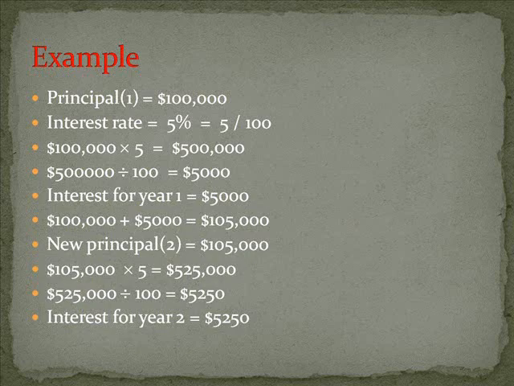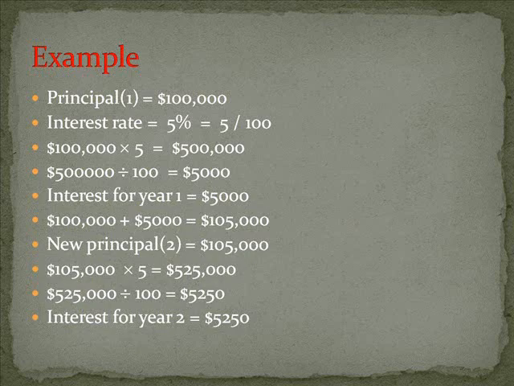Now I multiply the principal, which is $100,000, times 5, which is the numerator of the interest rate, and that will give me $500,000. Then the $500,000 is divided by what? 100, and then I would get what? $5,000.